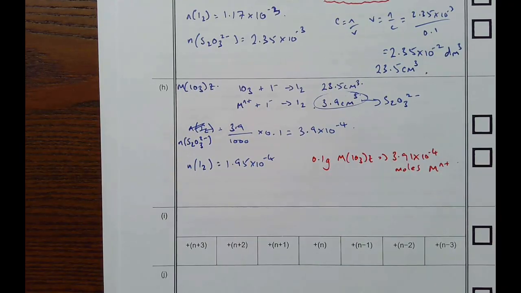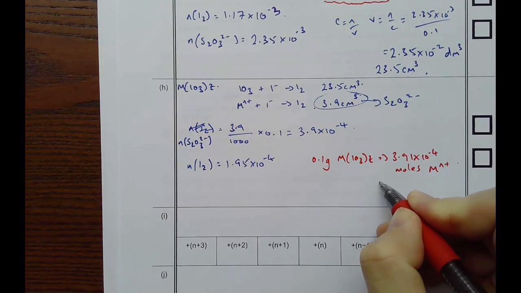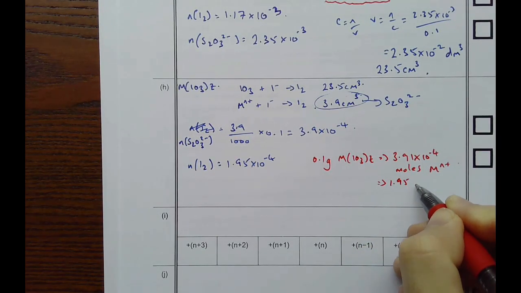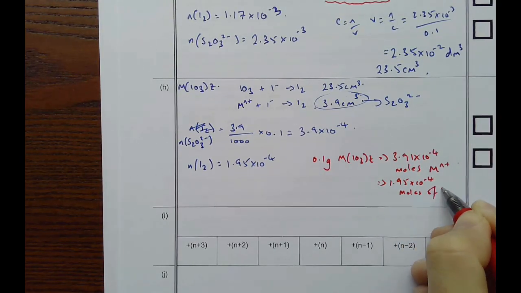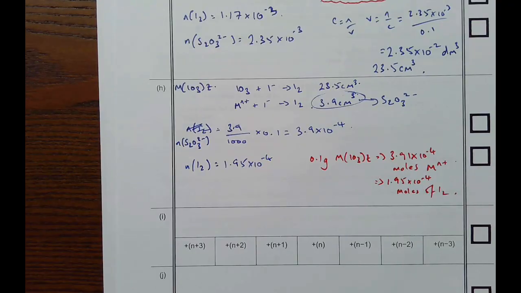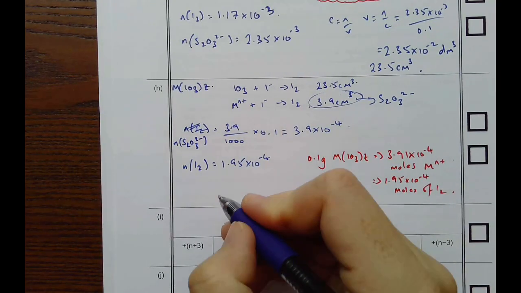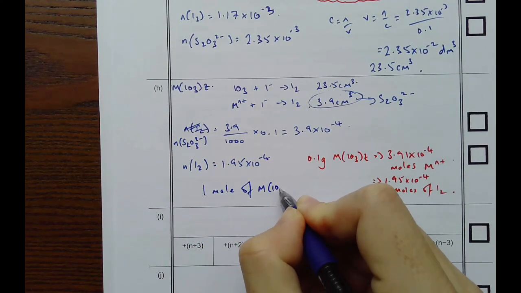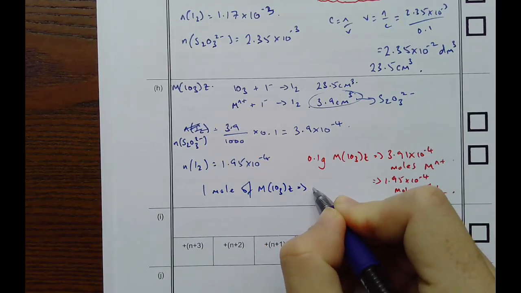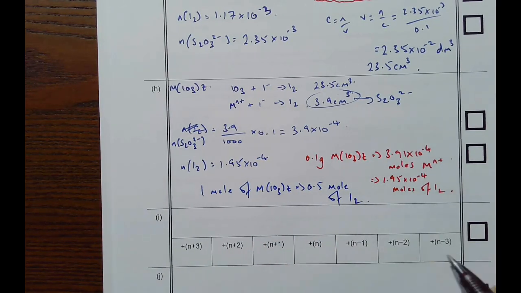Okay, and we've just worked out that that also corresponds to 1.95 times 10 to the minus 4 moles of I2. All right, which is a 2 to 1 ratio. So 1 mole of MIO3Z gives you 0.5 moles of I2.